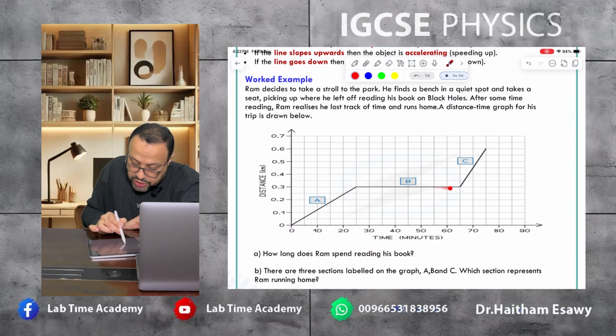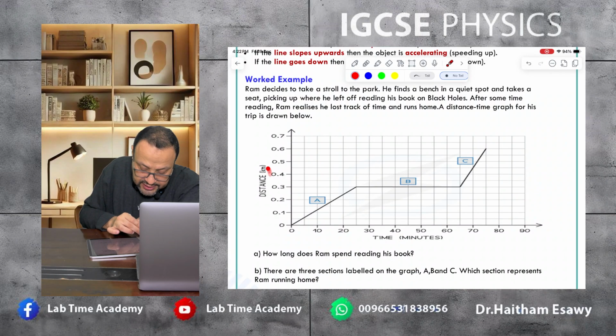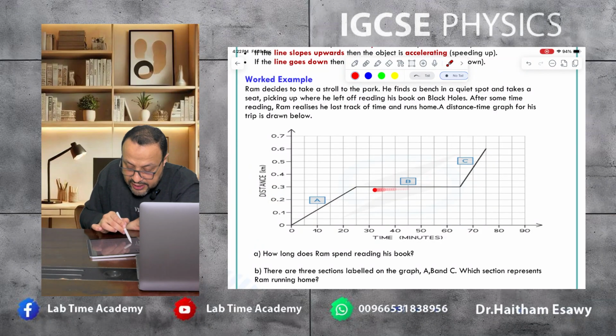This part, which is B, is parallel to the x-axis, right? This is the graph of distance and time. So the answer will be stage B. Why? Because in stage B, the distance does not change.